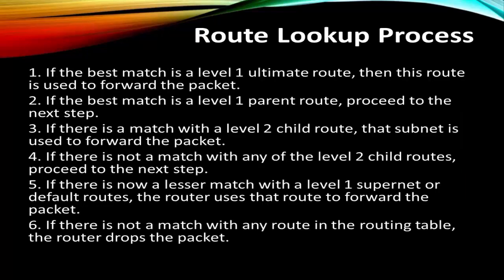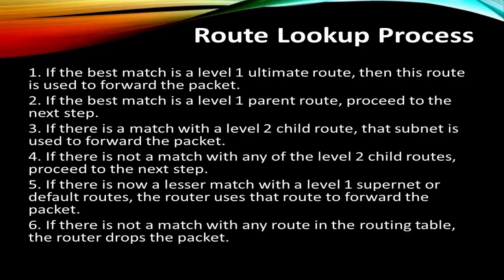Route lookup process. First, if the best match is a level 1 ultimate route, then this route is used to forward a packet. If the best match is a level 1 parent route, then we proceed to step 3, that is, we match it with a level 2 child route.